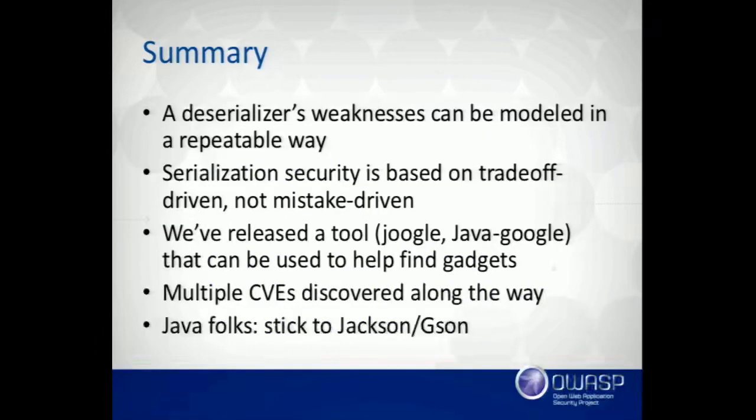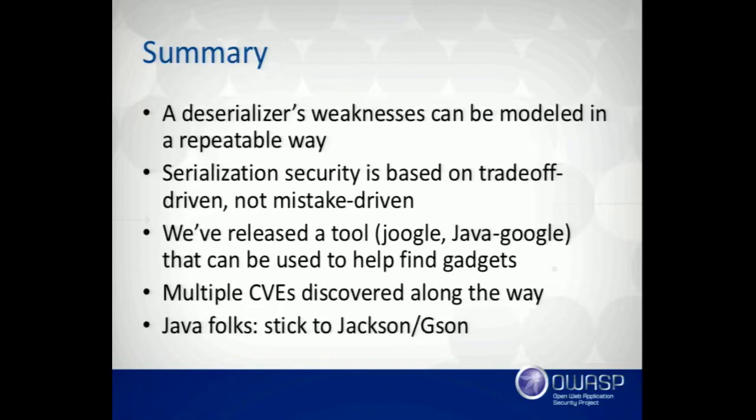So really what I want you to take away is that a deserializer's weakness can really be modeled and analyzed in a repeatable way. There's some parts of it that can still be art in the gadget chaining, but the rest of it you could do just by reading the code. And I've given you the tips, I think, to find the places to look.